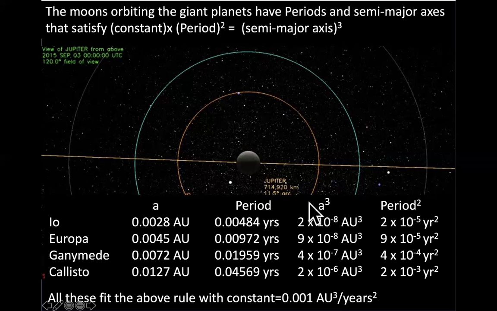So in this case, one doesn't equal the other, but the ratio of one of these to the other is a constant of 0.001 AU cubed per year squared. What that number tells us is the mass of Jupiter. And that should make some amount of sense.